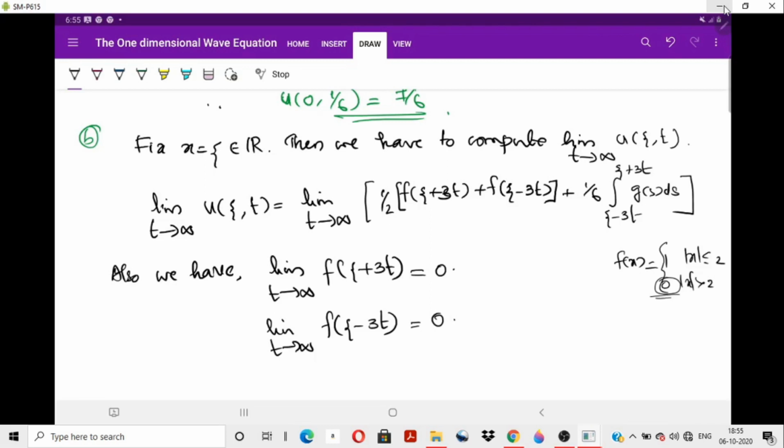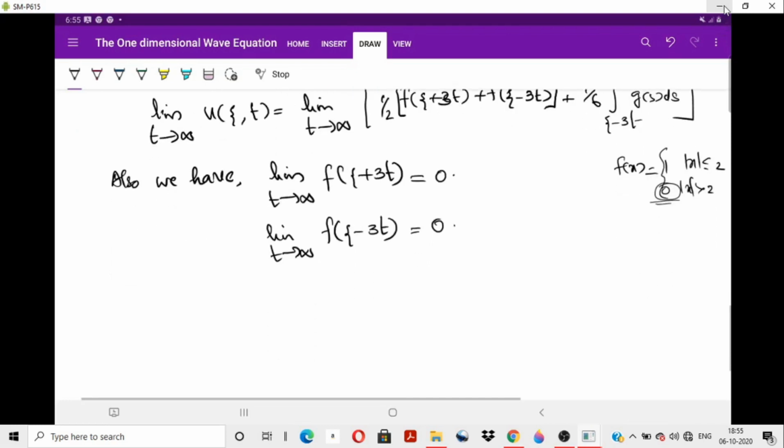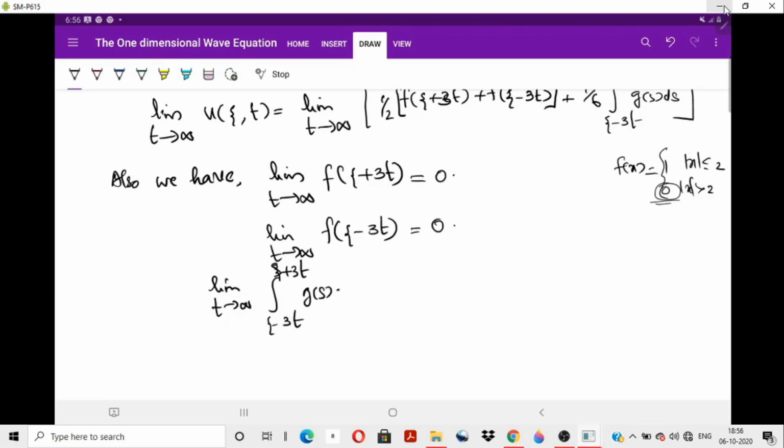Now we need to calculate the limit as t tends to infinity of the integral from theta minus 3t to theta plus 3t of g of s ds. This is the same as the integral where, as t tends to infinity, theta minus 3t means minus infinity, and theta plus 3t will be plus infinity.